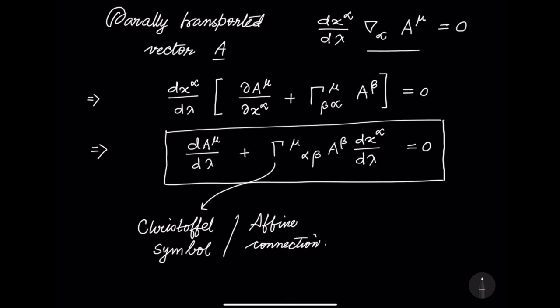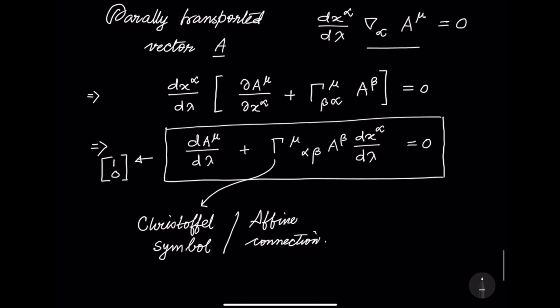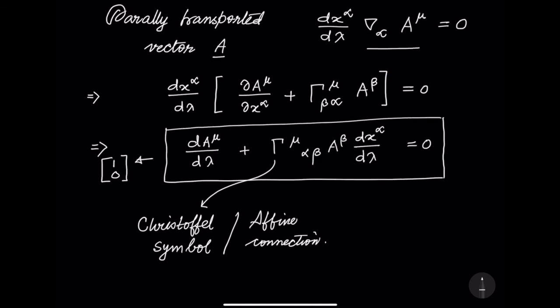And what you have got out of doing this is a tensor of rank 1, 0. So this is a tensor equation of rank 1, 0. Again, it's a tensor equation, which is good because if it's true in one reference frame, it should be true in all reference frames.